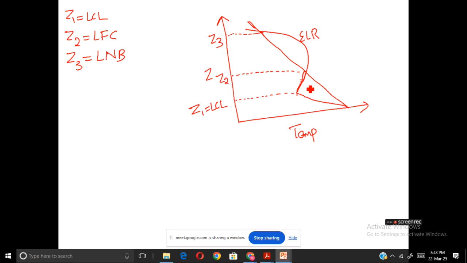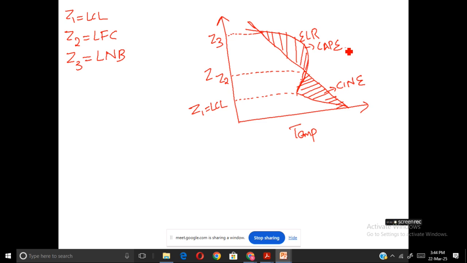So if you look at the area within the curve from Z equal to 0 to Z equal to Z2, this is the negative area. This area is basically known as CIN. And if you look at this particular area, this is the positive area, which is known as CAPE.